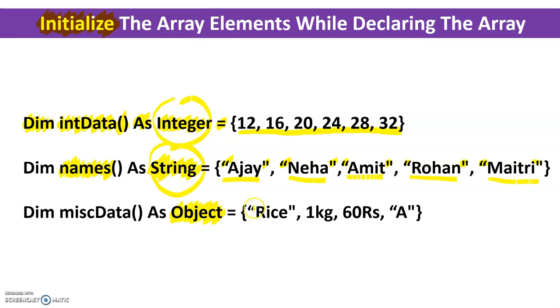Like see, here I am assigning rice, which is a string, then 1 kg, right? This is neither a string nor a number, but 1 kg, then 60 rupees, and then e. So this way you can initialize the array, but keep in mind it should be the object, right?